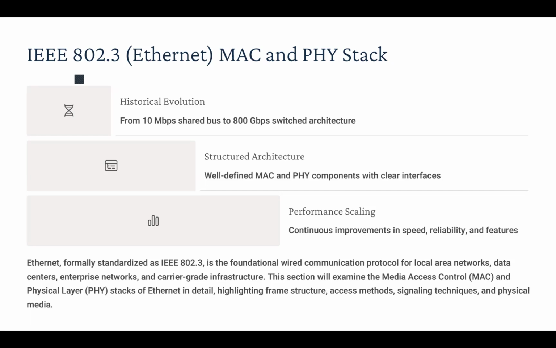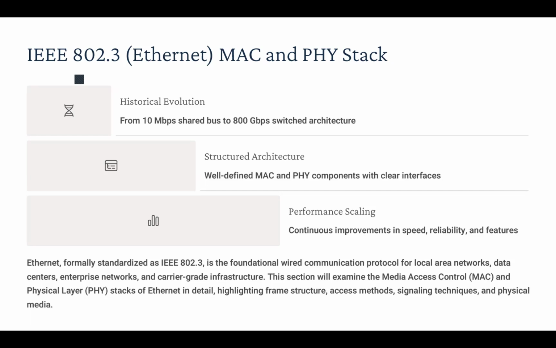The physical layer in Ethernet includes several sublayers. We talked about them: physical medium dependent, physical medium attachment, and physical coding sublayer. It also has auto negotiation that makes sure the devices agree on speed and duplex mode before the communication begins. The encoding techniques in the physical layer differ between versions of Ethernet.